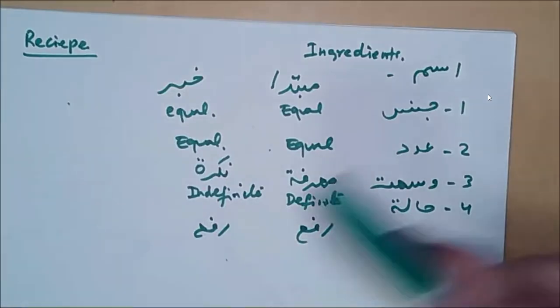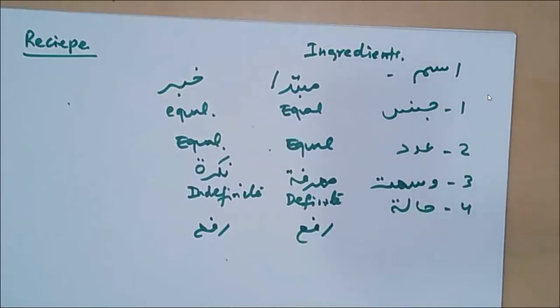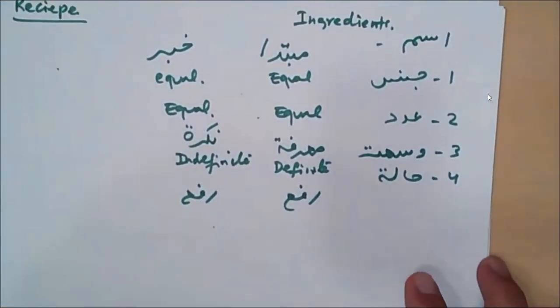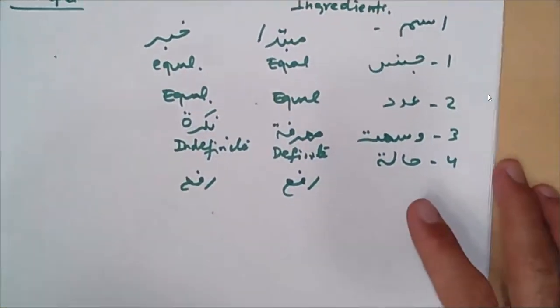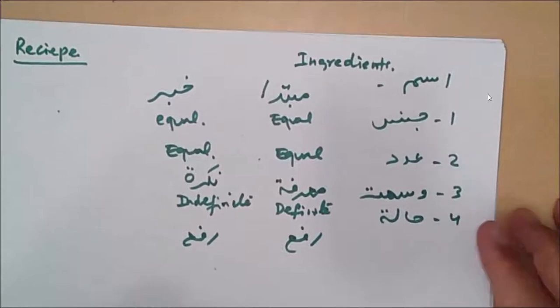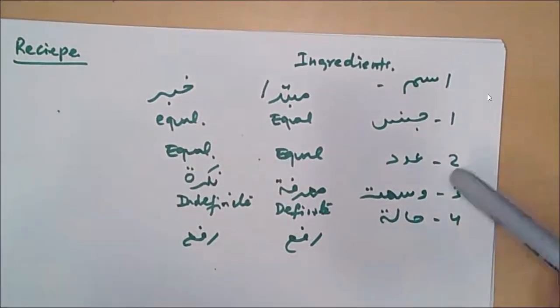Okay, any questions so far? So in the hala, it will be only rafa, not nasab and jar?